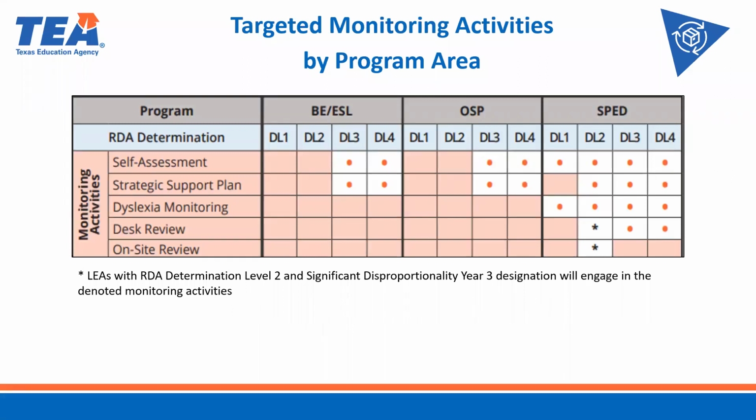When the LEA is selected for a targeted support review, an on-site review may be conducted based on the LEA's RDA determination level, results of the targeted desk review, and historical LEA performance data. The targeted review is designed to analyze LEA performance on the RDA indicator or indicators identified as areas of need and indicators that align to IDEA requirements.